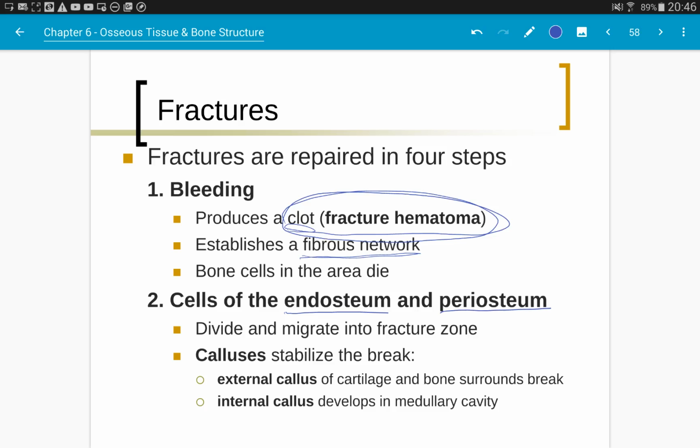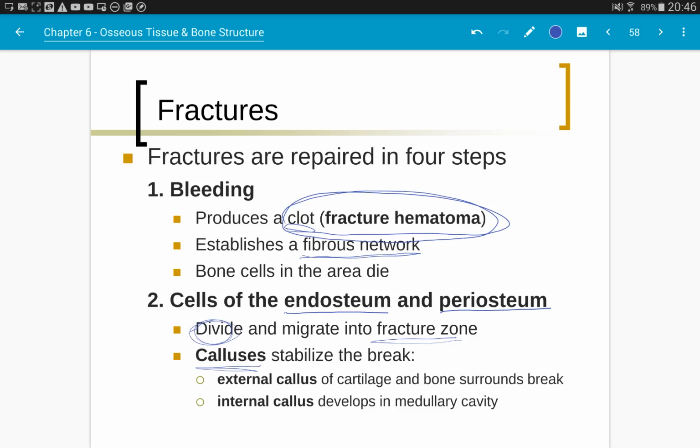And so they are able to divide, those osteoprogenitor cells make osteoblasts, and they are able to go to the fracture zone and start repairing and depositing bone, and osteoclasts are there as well to help remodel the bone in this process. So as I mentioned above, callus is formed using that fibrous network, using early deposition of bone, and it helps stabilize the bone. It is by no means healed at this point.